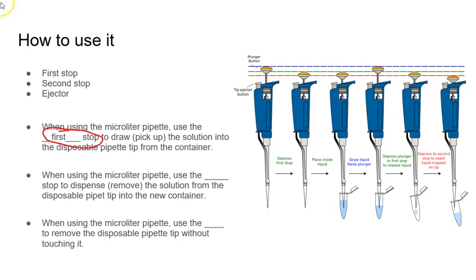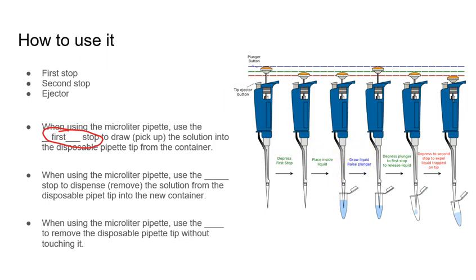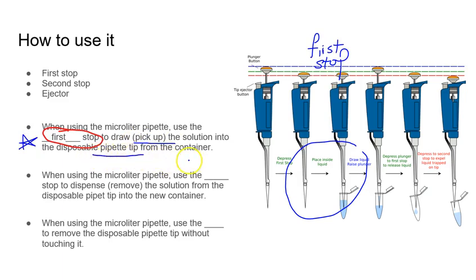As you can see in this picture, when we are going to draw or pick up the solution into the pipette, we use the first stop. Okay, one more time. First stop to pick up the solution into the pipette tip from the container.